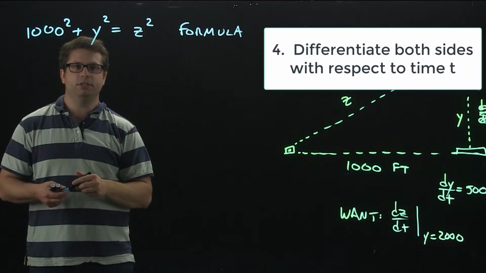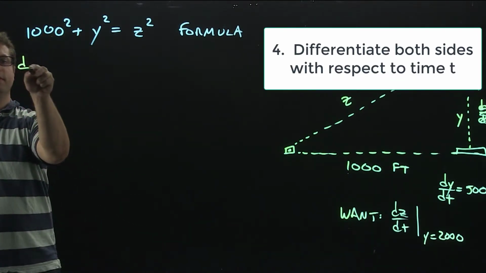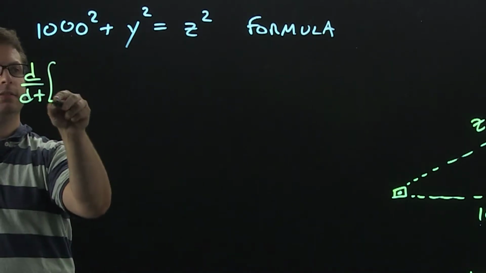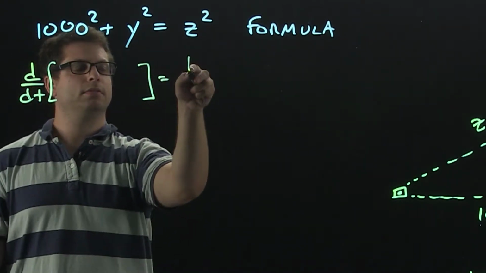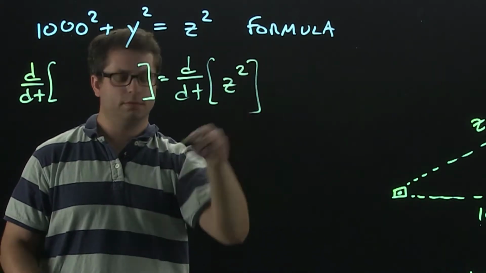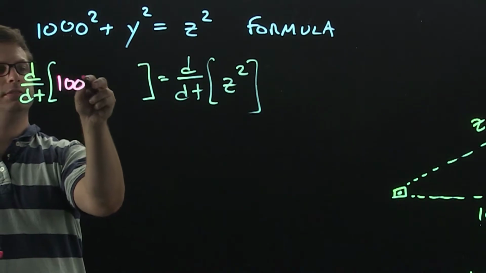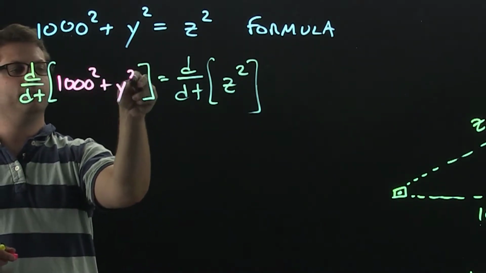The next step is to differentiate both sides, so we're going to take the derivative with respect to t. 1,000 squared plus y squared.